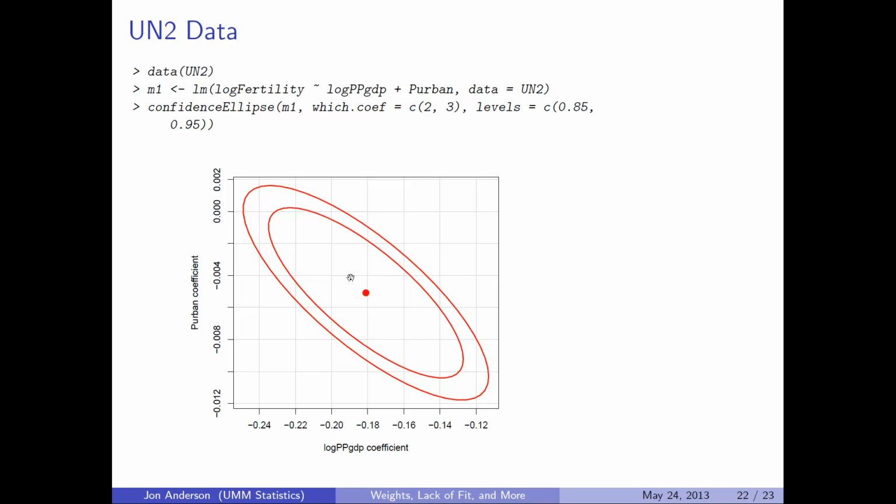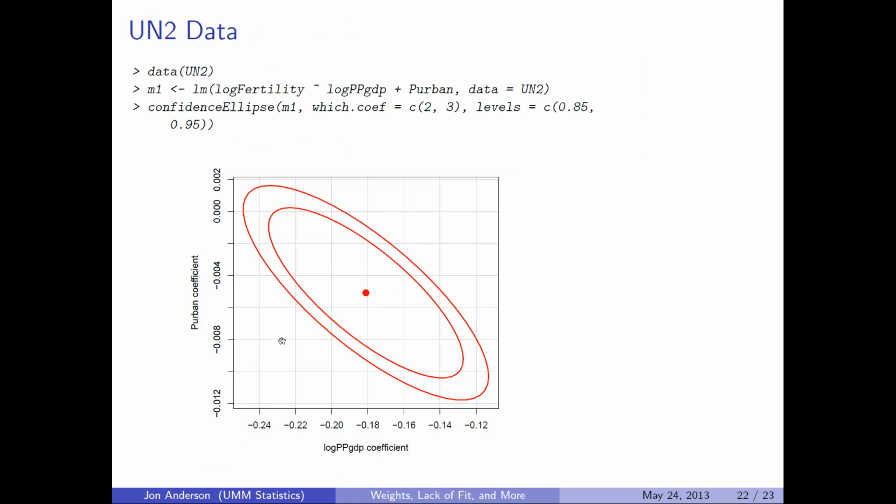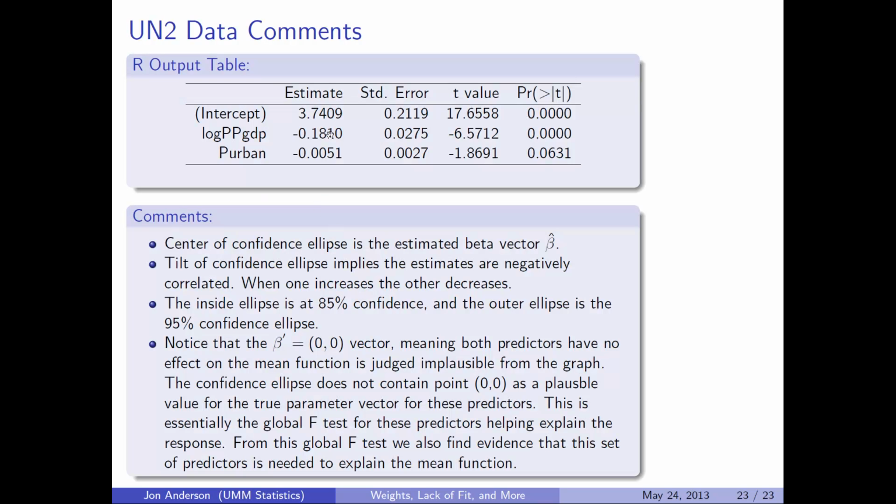And if you look at the estimates, you'll see they're both negative. The center of this confidence ellipse is exactly at the values negative 0.18 and negative 0.0051.